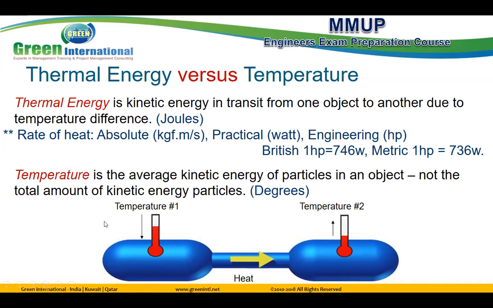So for this body we have a temperature according to the average kinetic energy of its particles, and for another object also. But due to the temperature difference, we have thermal energy passing from the hot body to the cold body.